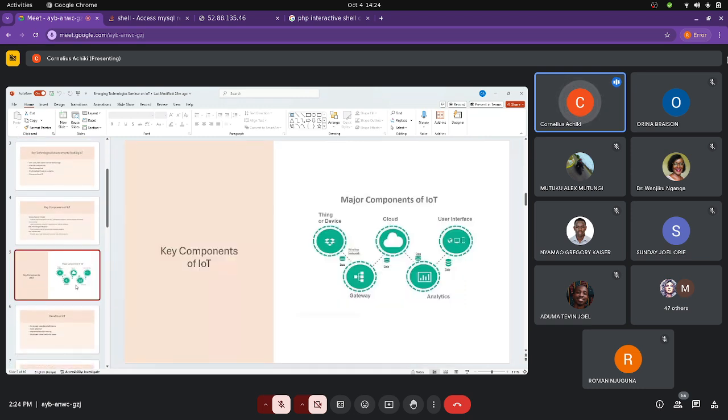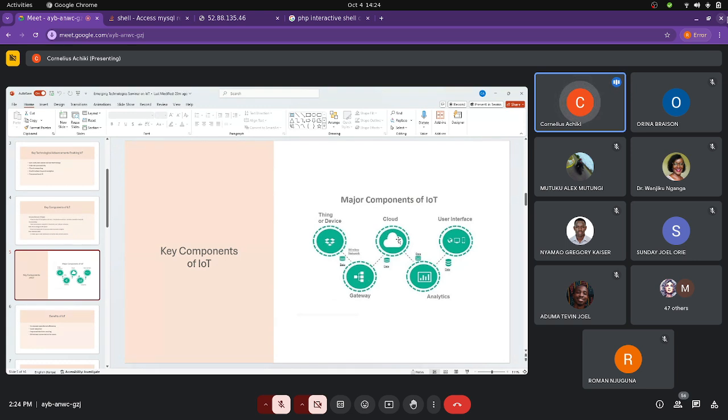So there's a depiction here of the major components of the IoT. We have the thing, which is the fridge, as you can see here. And then we have the gateway, which is our router in our houses. And then we have the cloud.